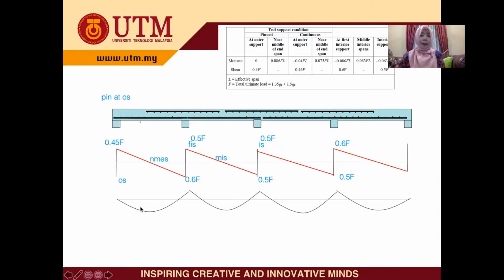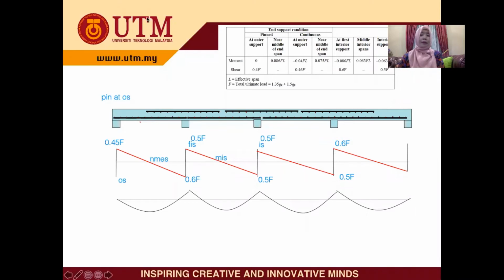And the moment here is zero. Near the middle of the end span, 0.075FL.